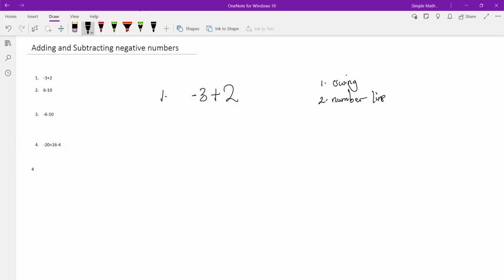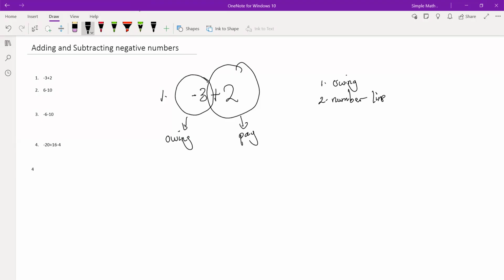So imagine you have a friend, okay? Whenever you see a negative sign, that could mean owing. For example, somebody owes you. And when you see plus, it means the person has paid you, like when you receive more money, you gain.